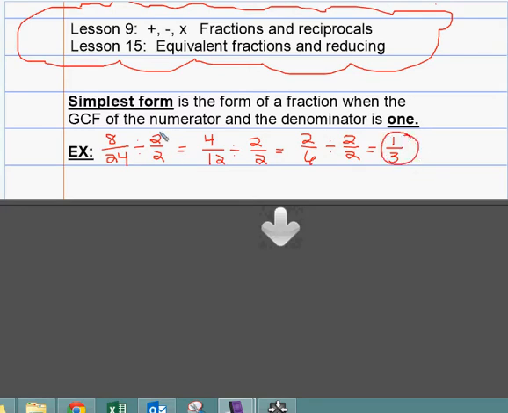1/3. Now, one of the cool things we can do is we can look at this fraction, 2 2s. This is a form of 1, and I'm just going to draw this. You can, in your notebook, there, that's a 1. Same thing here.